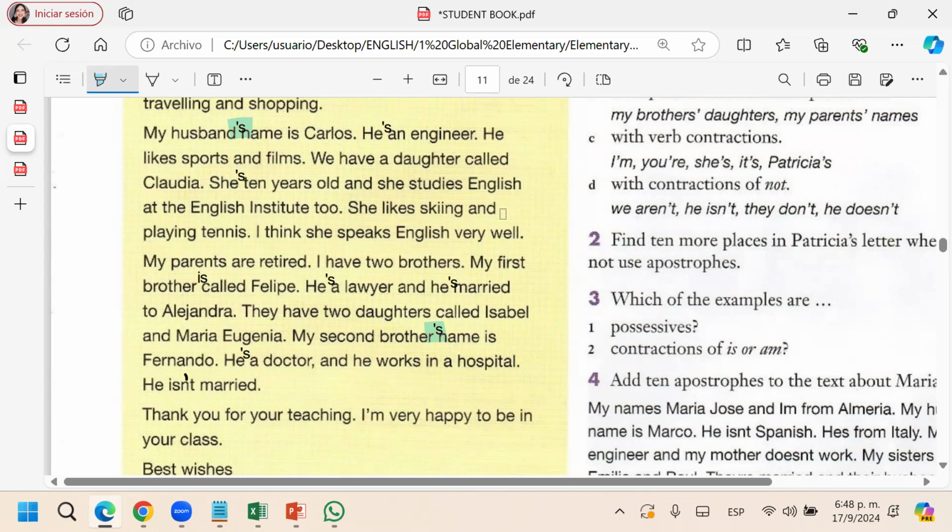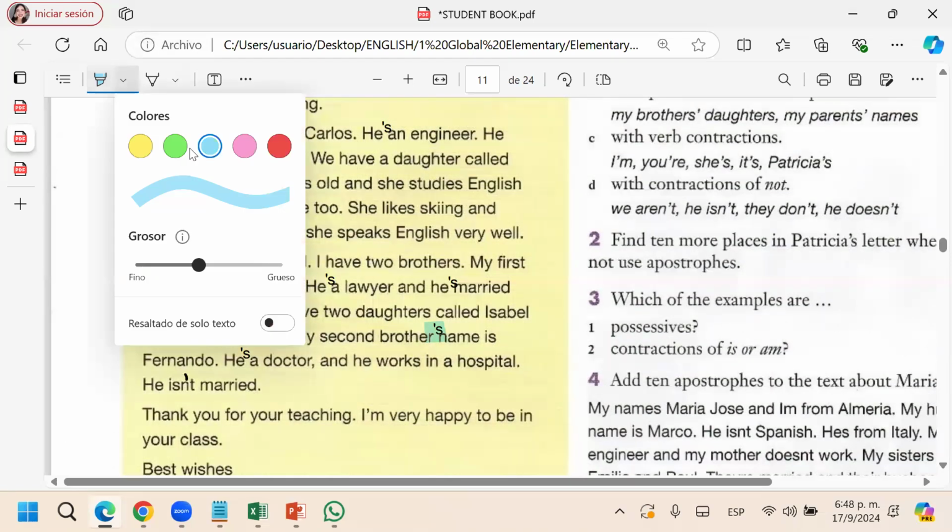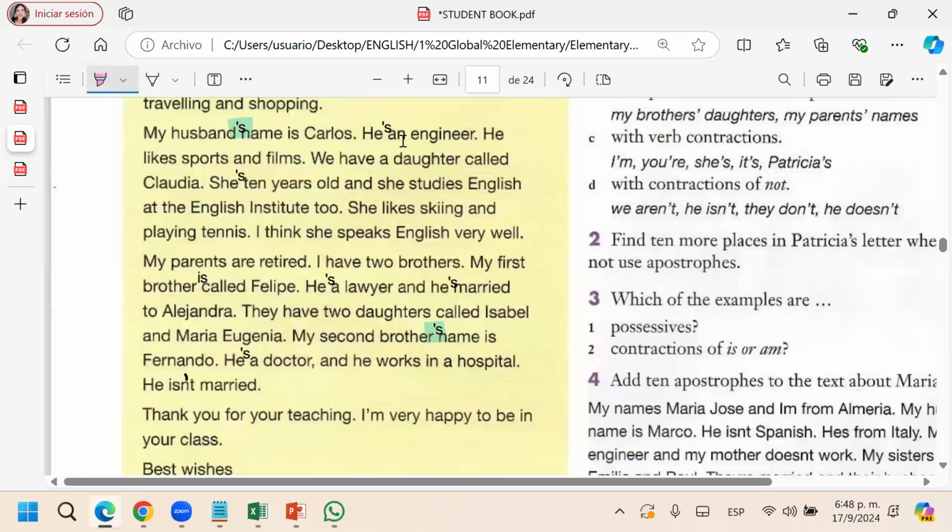My husband's name, my brother's name, my mother's car, my father's cell phone, Daniela's favorite food, Catherine's favorite singer, Jose's wife. So the apostrophe S sometimes is for possession, but not all the time. Sometimes it's for the verb be, remember. Is the verb be contracted?